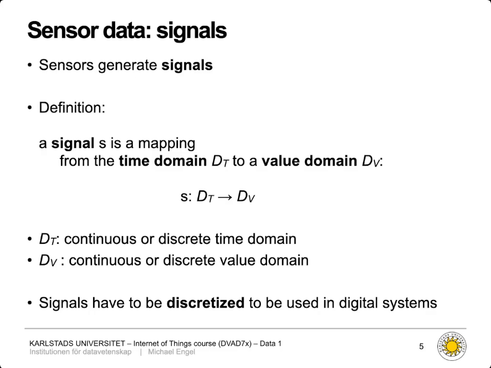And due to this mapping, we know the relationship, so we know at which point in time which value was measured by the sensor. Now, this is analog, and the problem is that our computers don't really work well with analog signals because they are clocked in finite time steps.